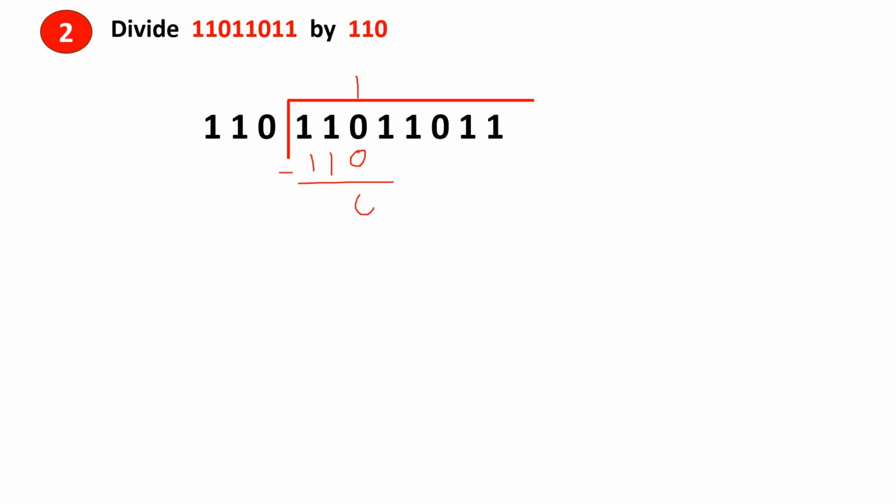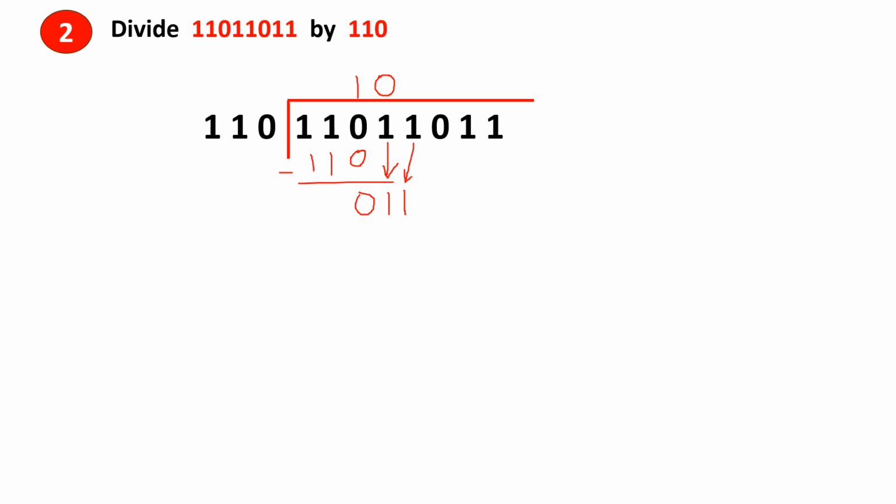Bring this 1 down. Again compare the divisor with 0 1. So the divisor 110 is greater than 0 1. So put a 0 here. Again bring this 1 down.